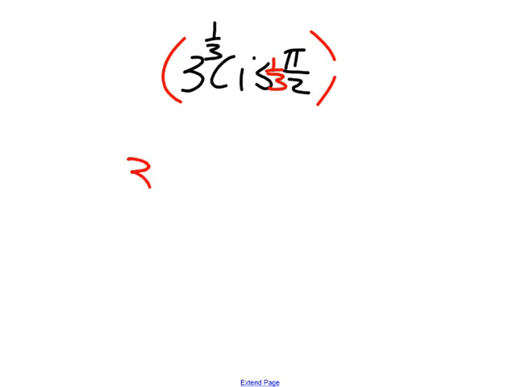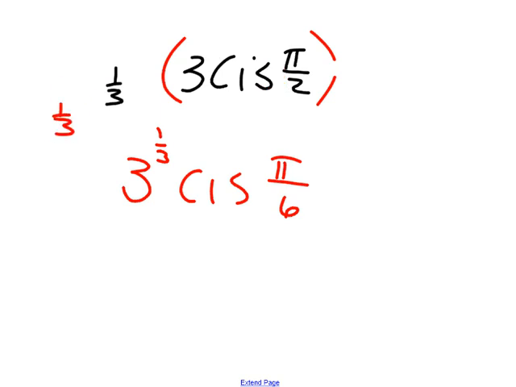And it would be 3 to the 1/3 cis, and then multiply that out, pi over 3 times 2 is 6. There it is. That is one of the third roots. Because if you take this times itself 3 times, it would give me that back again.